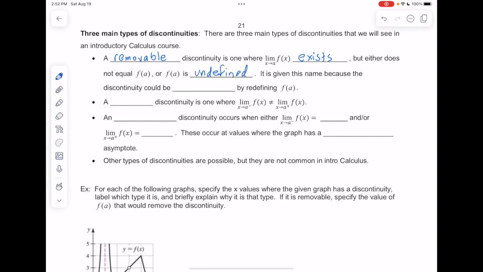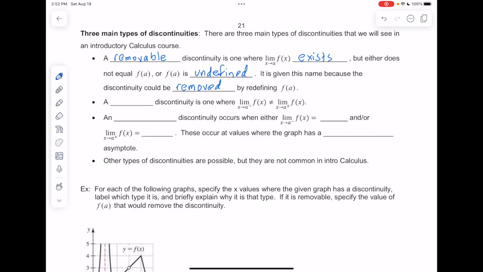So when the limit as x approaches a exists, but there's a problem with f of a, either it's a different value than the limit or it's just undefined, then that's when we get this thing called a removable discontinuity. And it's given this name because the discontinuity could be removed if you were able to redefine f of a to a different value, and we'll see examples of that down below.